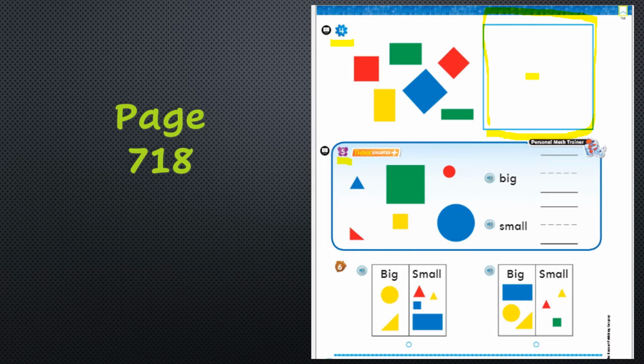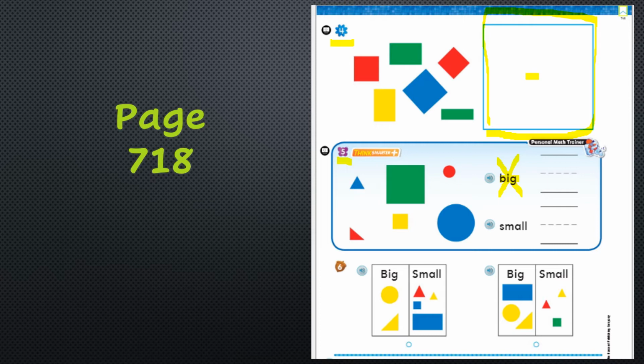Number 5, I know you're going to need to pause and then come back to number 5. Take a look at all the shapes here. I want you to mark an X on all of the big shapes. This word, big. Mark an X on all of the big shapes.